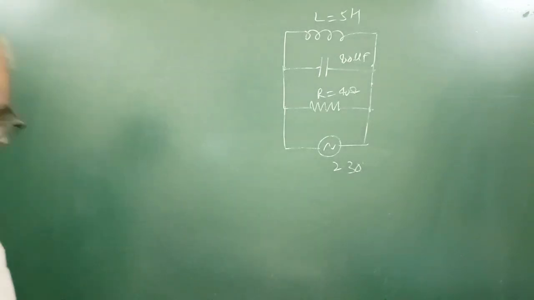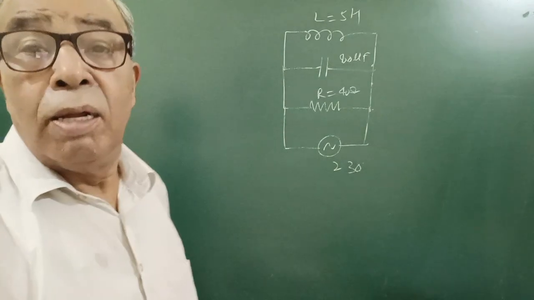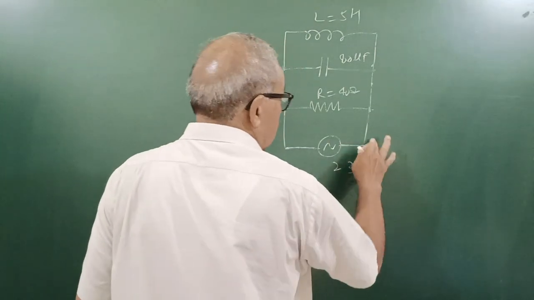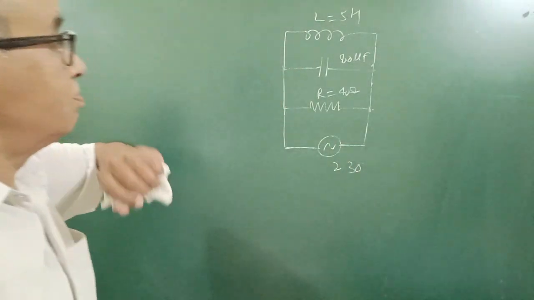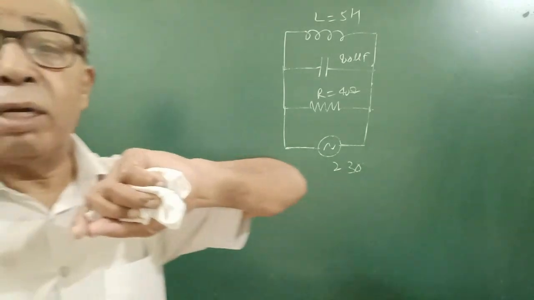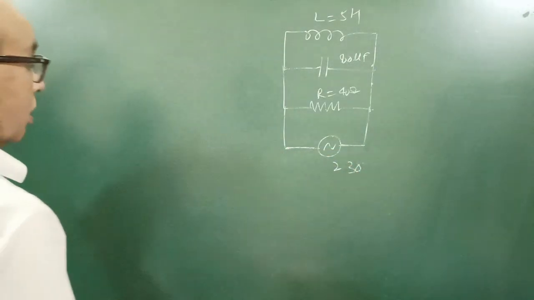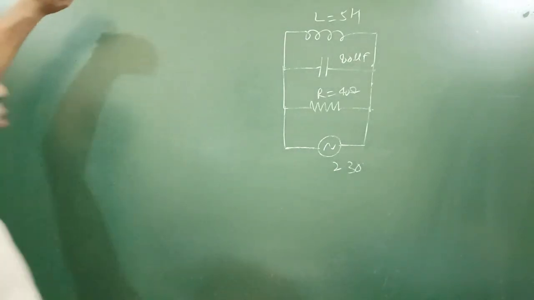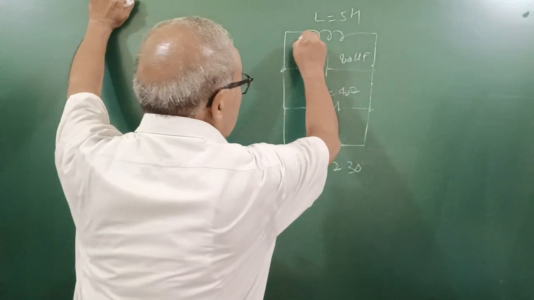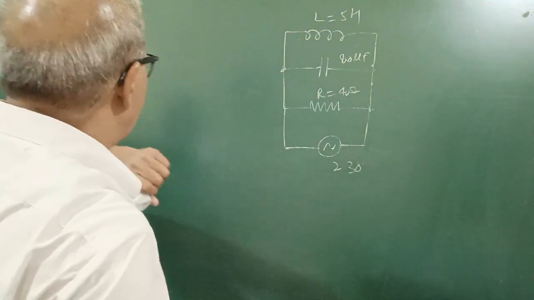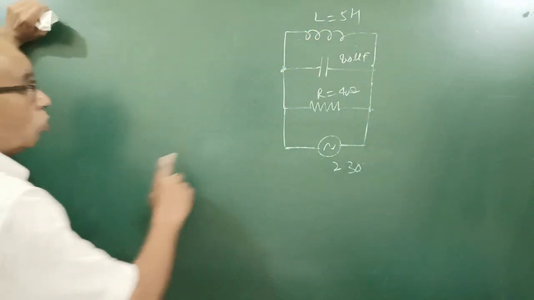I told you in one topic about the parallel resonance circuit. We know in case of an inductor, current lags behind the voltage by pi by 2.